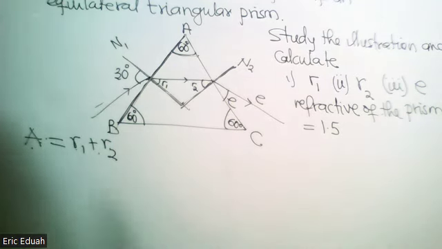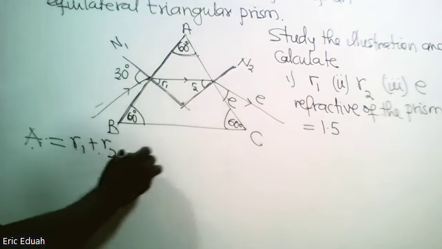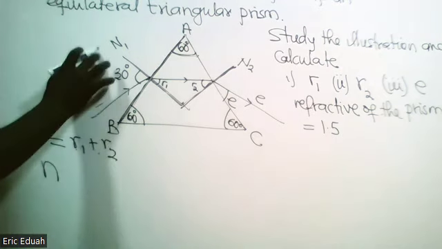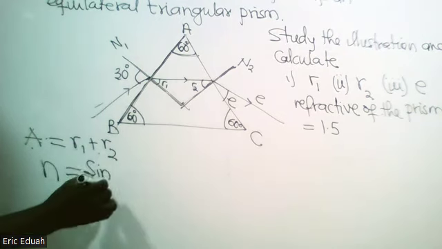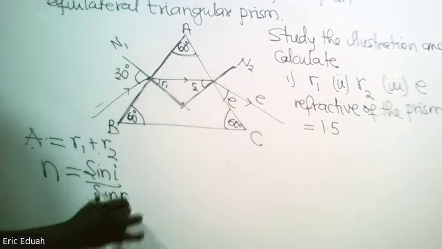All right. How do I determine R1? At least I know the refractive index of the prism. I also know the angle of incidence. And so I can find R1. So using the absolute refractive index, Snell's law, sine of I over sine of R1.